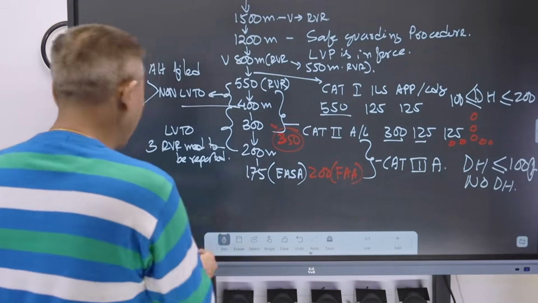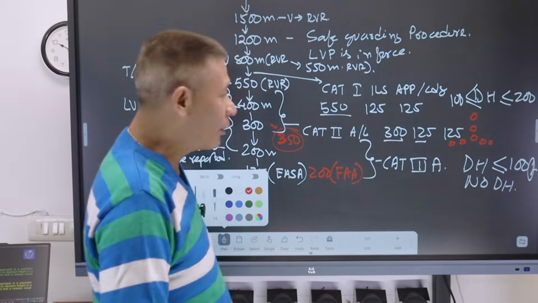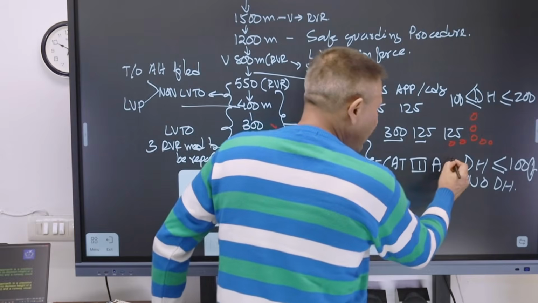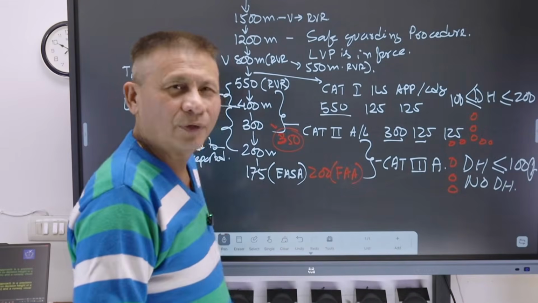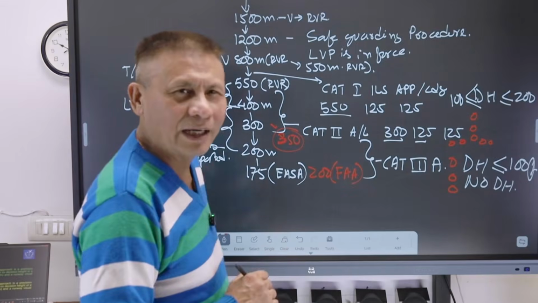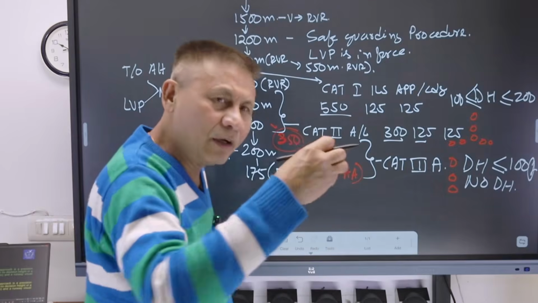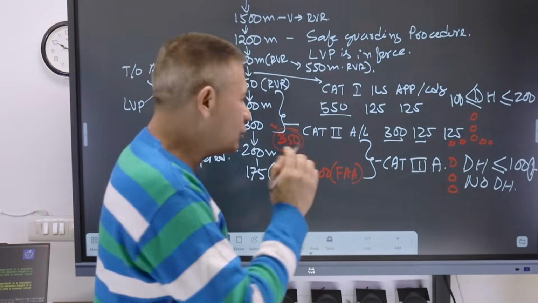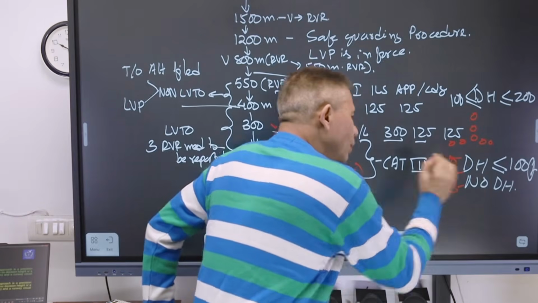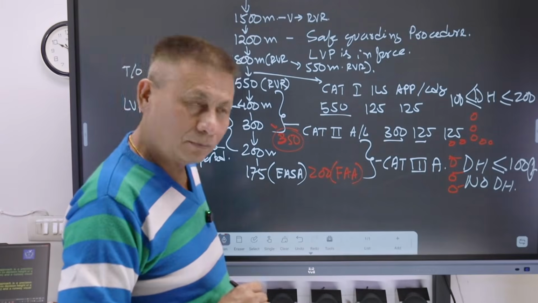So in case you are carrying out this kind of approaches, the visual references which are required to be acquired at your DA or DH will be 1, 2, 3 consecutive lights. The difference between category 2 and 3 alpha is that in category 2, you are required to have 3 consecutive lights along with a lateral element of the lighting system. Whereas in category 3 alpha, it is only 3 consecutive lights. There is no requirement for the lateral.